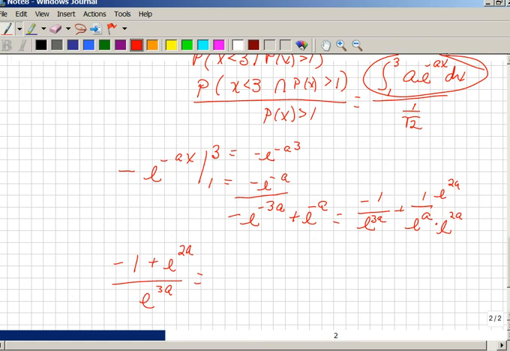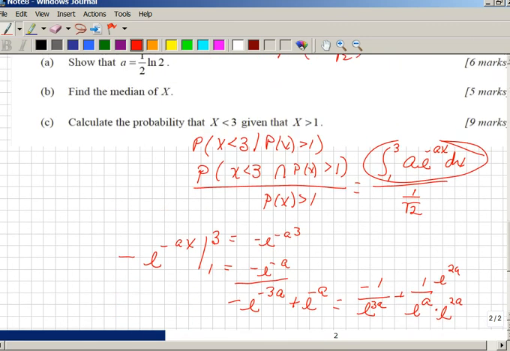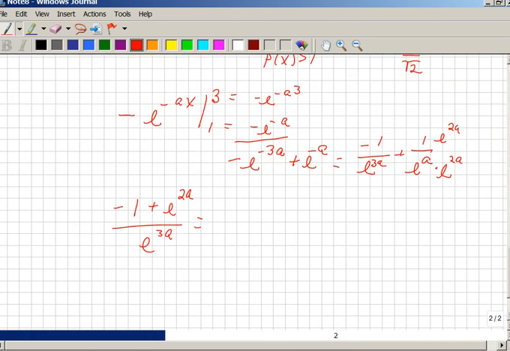At this point, I'm going to put my a value back in, and what was a? I've got to scroll up and look at it again. It's 1/2 ln 2. So I've got negative 1 plus e to 2 times a, which was 1/2 ln 2, on top, and e to the 3 times 1/2 ln 2. Well, 2 times 1/2 ln 2 is just ln 2, and e to the ln of anything is that number, so on the top we have negative 1 plus 2.